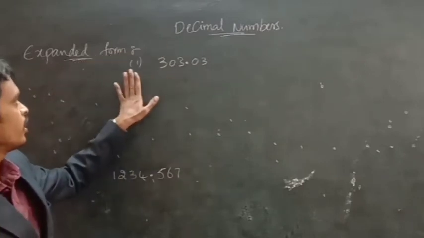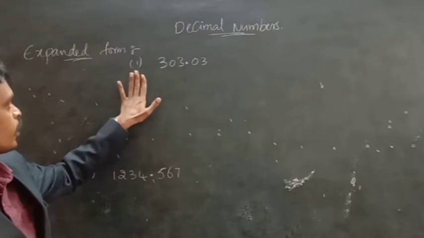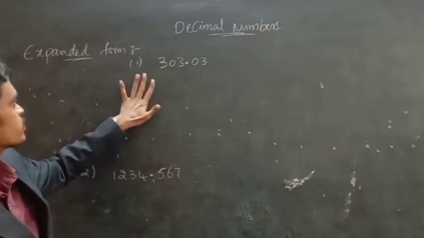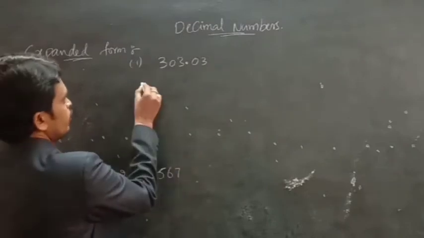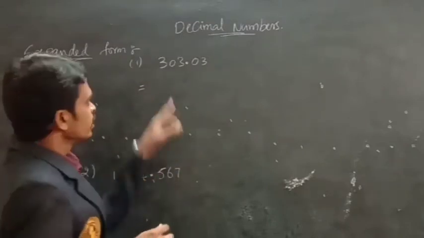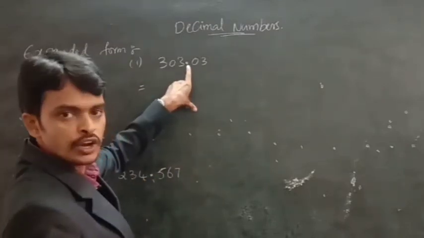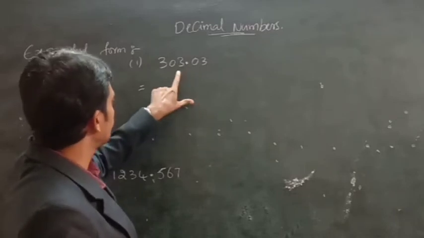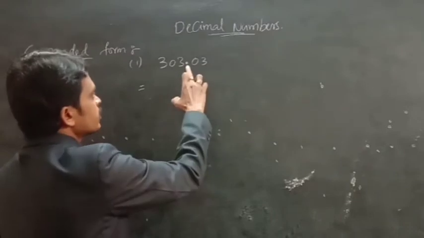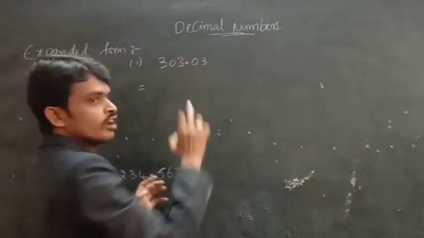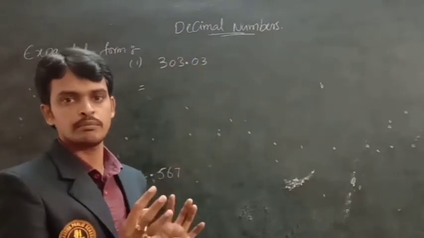Here we will do problems on how to expand decimal numbers. Look here. First of all, the decimal point. The numbers before the decimal point we call whole numbers, and the numbers after the decimal point we call decimal numbers.